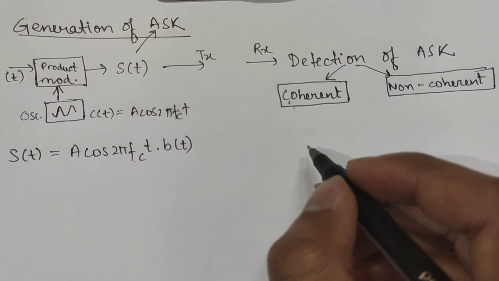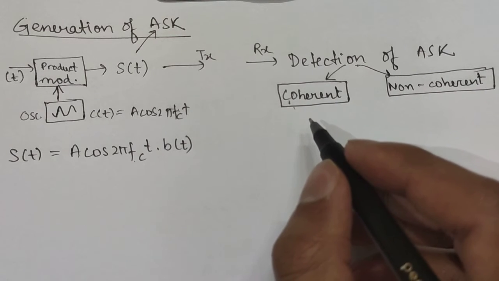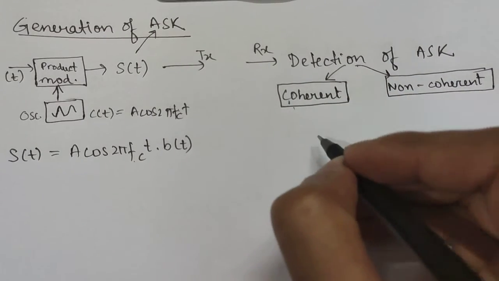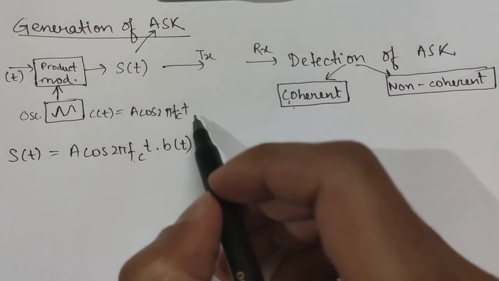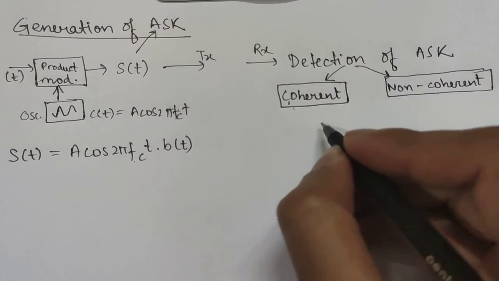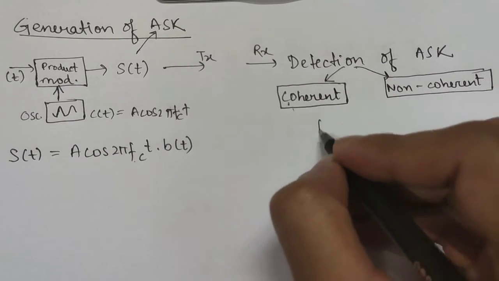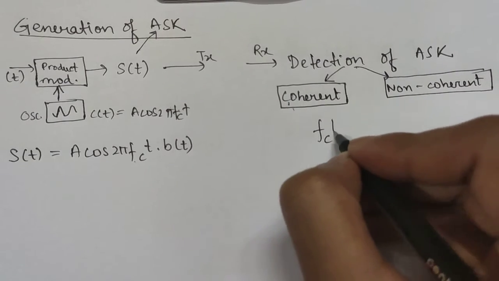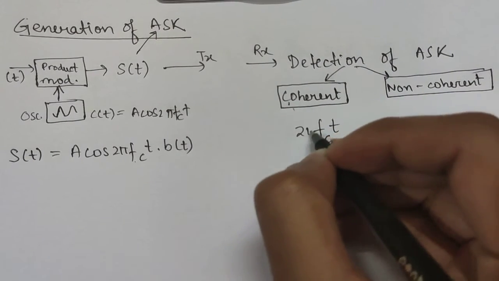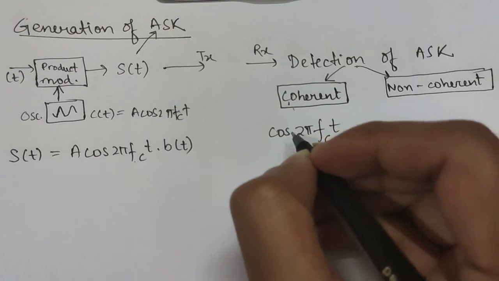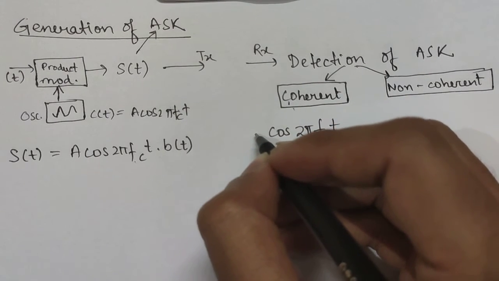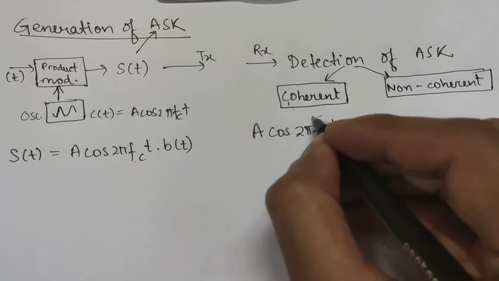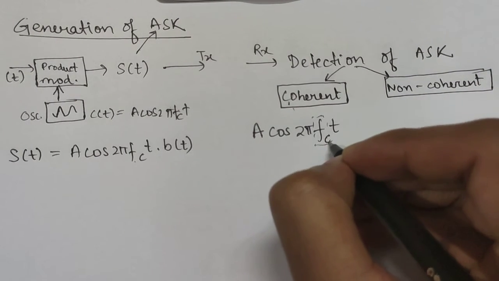Hence this requires synchronized frequency and phase, but the phase we are neglecting here for simplicity, so I will write Fc and 2 pi cos, and we are assuming the amplitude to be the same also. This can change, but the main thing is this should be same.